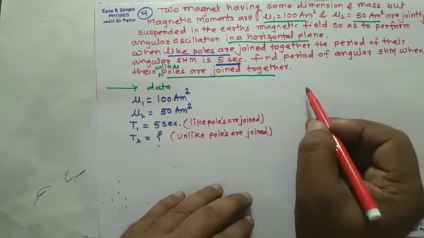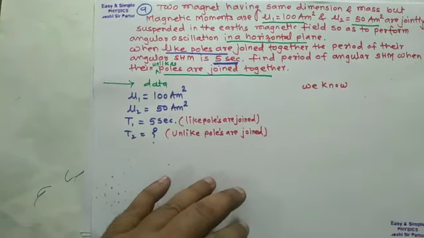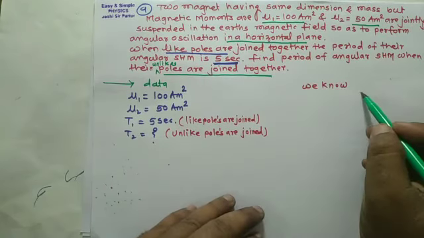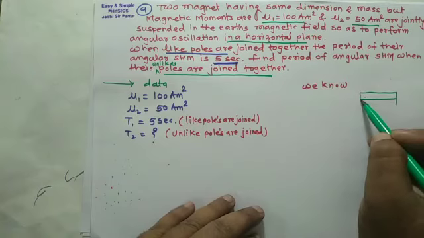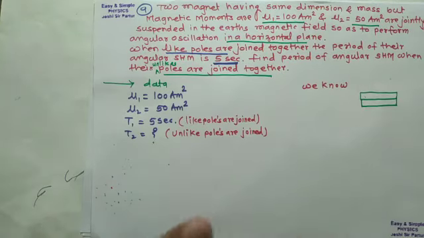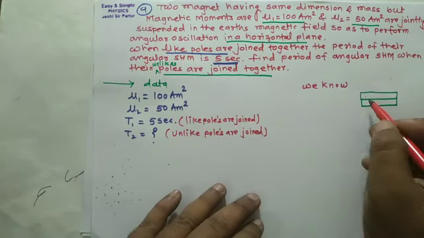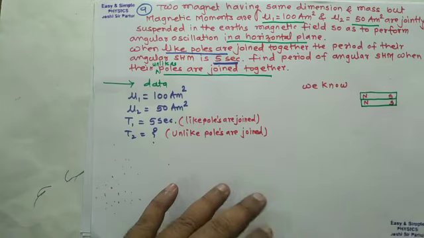See here, we know the two magnets, if like poles are joined, means north north, south south.